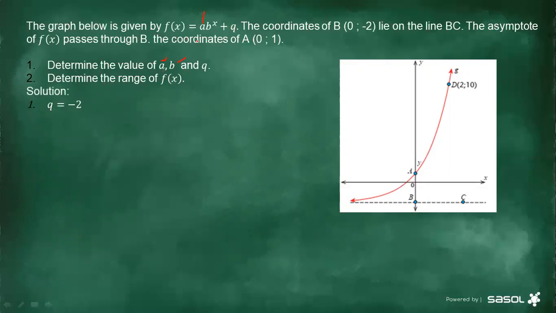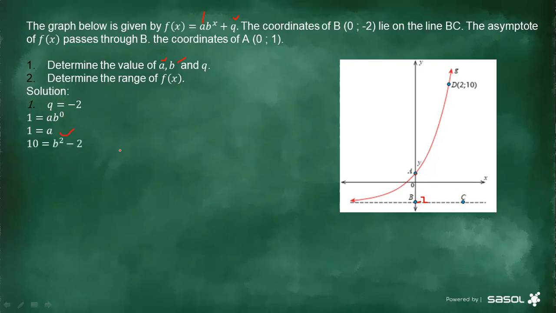Now the value of q, we know that is the horizontal asymptote, and the coordinate of B is this one. So this is -2, hence q is -2. In order to get a, you can substitute this point A, which is (0; 1), and then a equals 1.